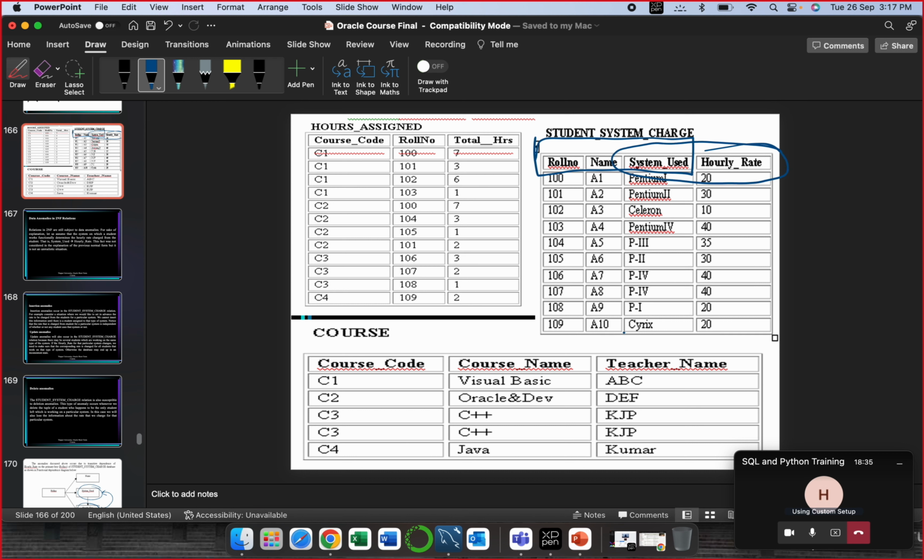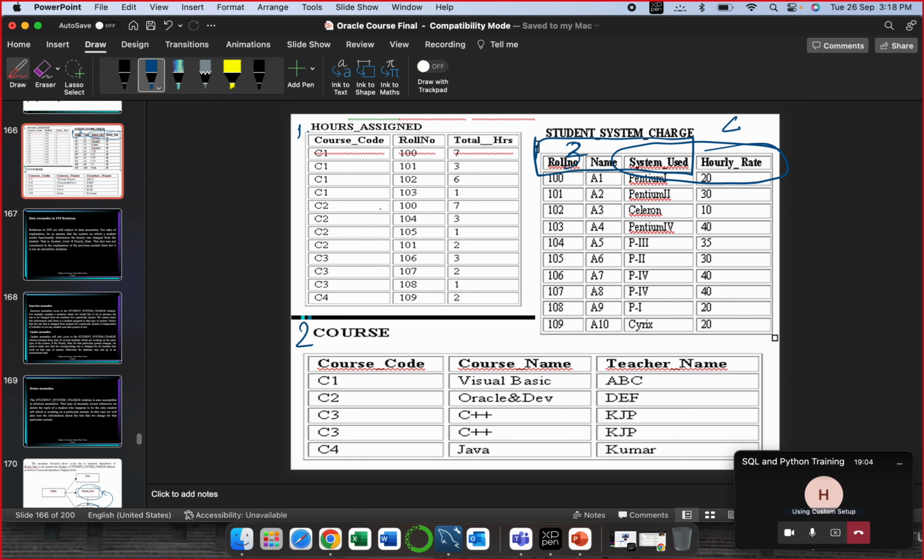So I'll have two tables from this, and overall I will be having 1, 2, 3, and 4 tables for my data to be completely normalized into third normal form. One would be the hours assigned, another would be the course table. So this is my first table, this is my second table. So roll number, student name, and the system used, this would be my third table.